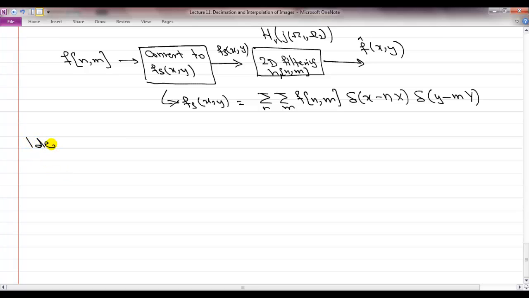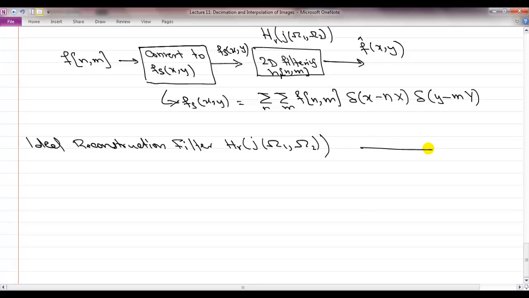The ideal reconstruction filter, as we talked about earlier, H_r of j omega 1 omega 2, is simply a box in the x and y directions with height of 1.